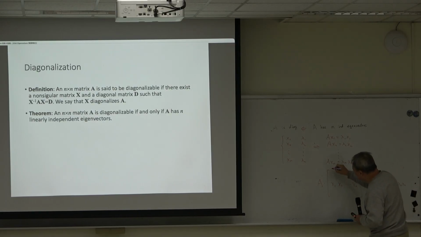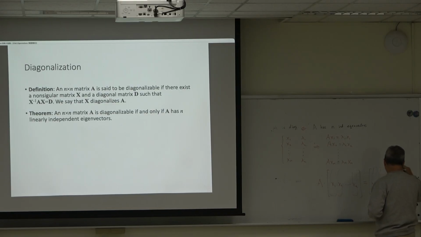So you have these column vectors equal to these column vectors. And then, this is obviously equivalent to, if you name this one as X, then this thing will be X times D. Right?